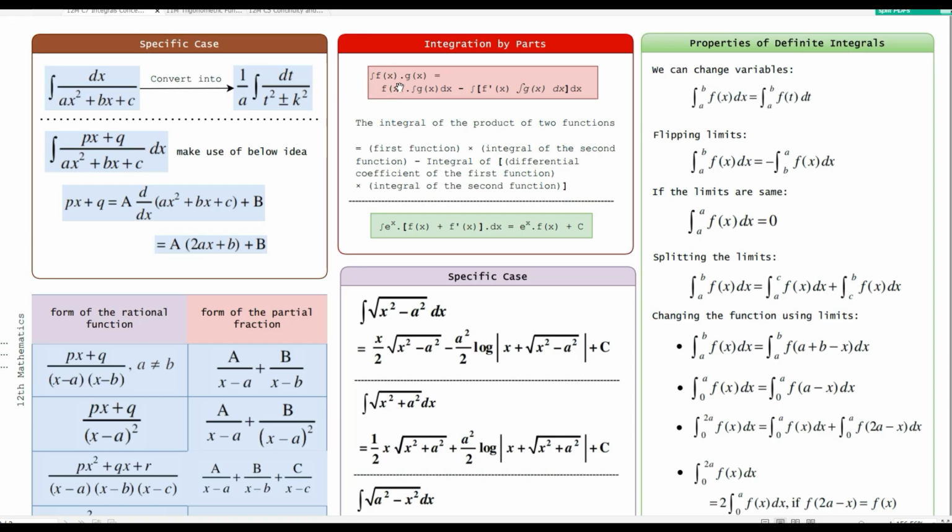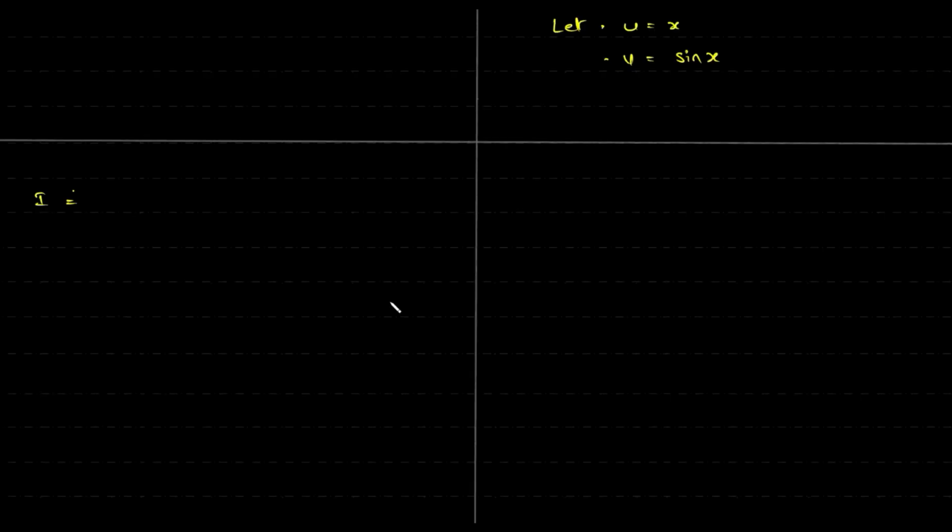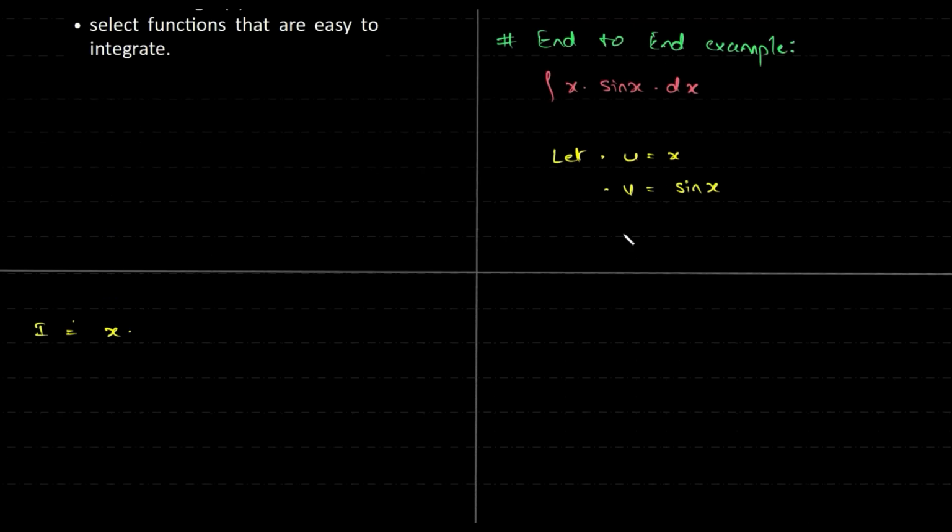Instead of u I have used f of x, into the integral of g of x dx. So that would be x into the integral of, oh yeah, I didn't find that yet. So we need to figure out du, which is dx in this case, and the integration of v dx will be minus cos of x. Okay, so this would be minus cos of x.